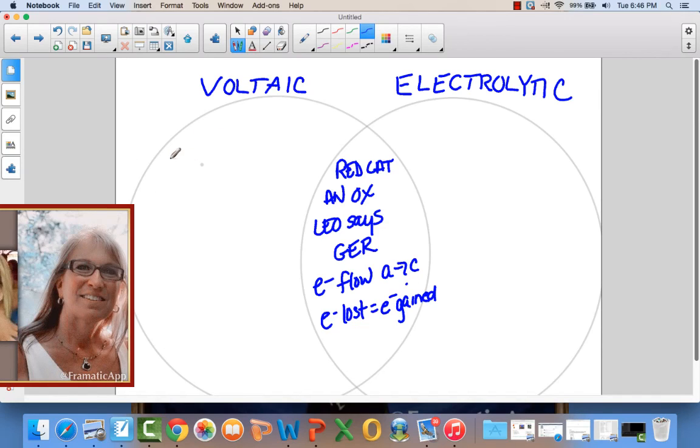In a voltaic cell, it is spontaneous, which means it happens by itself. It converts chemical energy into electrical energy.